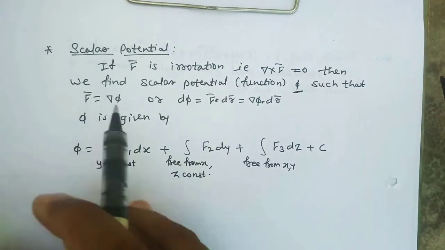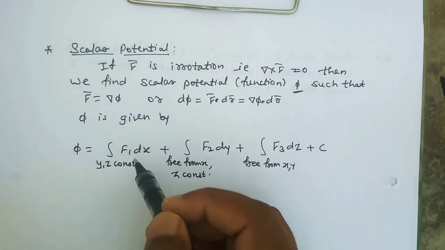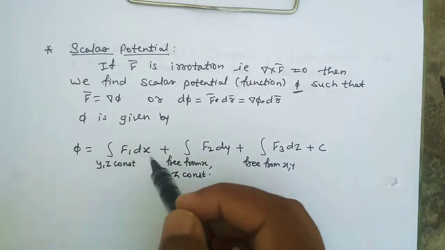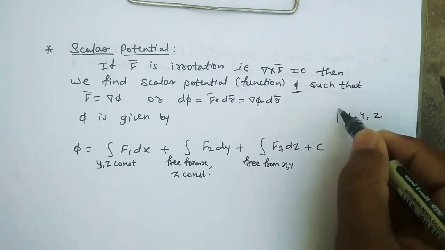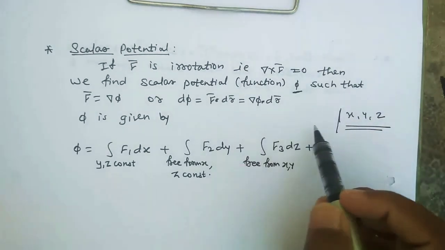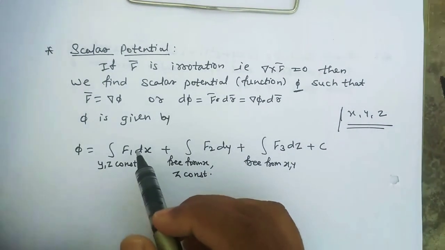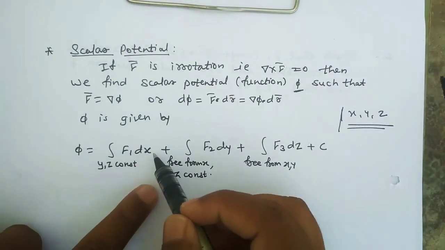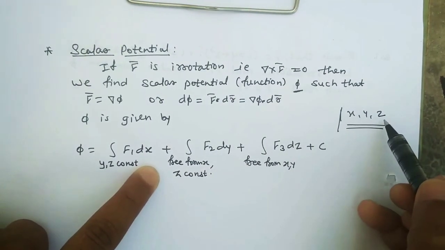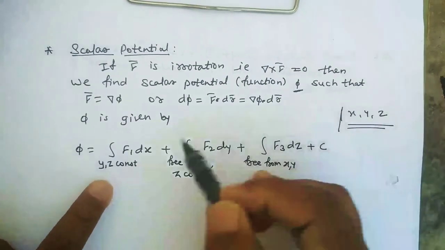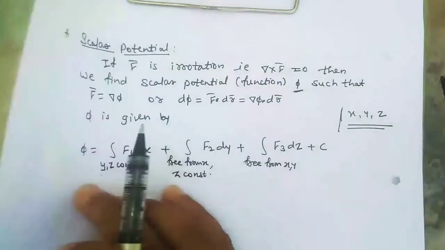But while taking this integration, let us see, f1, f2, f3 are functions of x, y, z. So let us see the sequence x, y, z. Whenever we need to integrate f1 with respect to x, y and z are after x. So while taking the integration of f1, y and z must be constant.